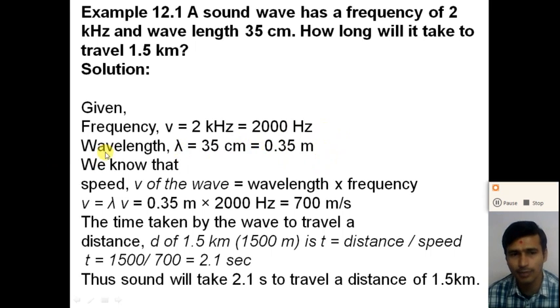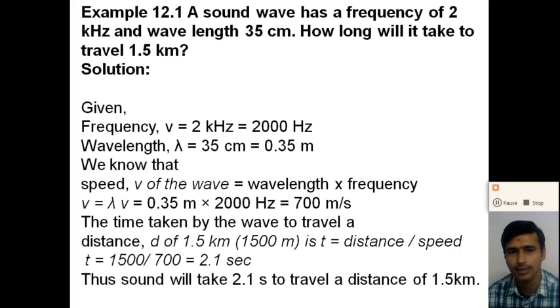And the wavelength of the sound wave, wavelength is denoted by the Greek letter lambda, is given as 35 centimeter. So we need to convert this 35 centimeter into meter. 1 meter is equal to 100 centimeter, right?